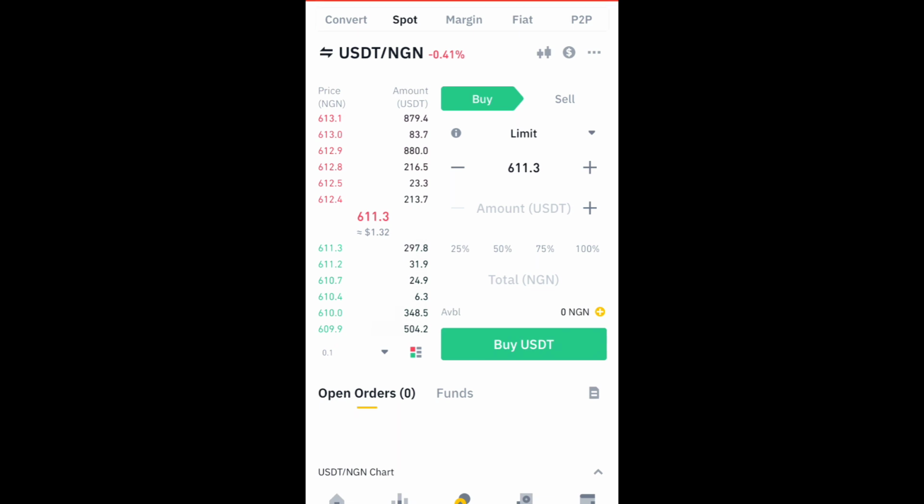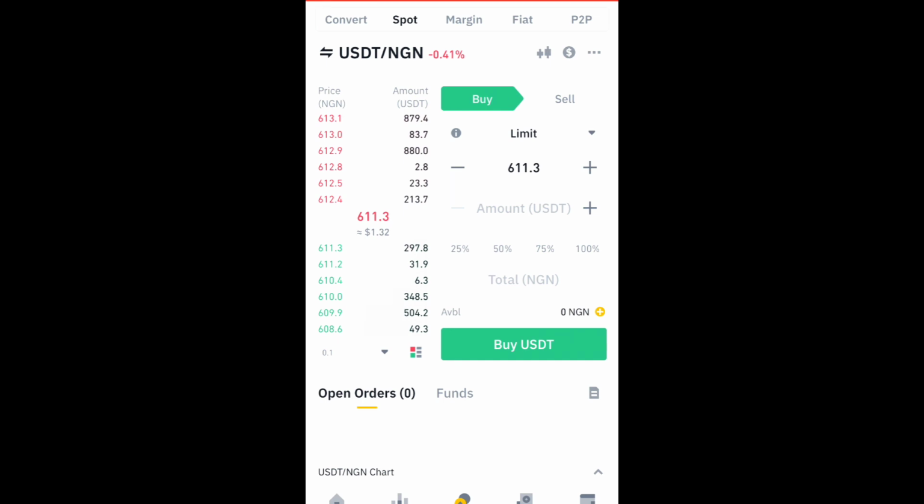Now how are you able to make money from this NGN USDT? What you'll be doing is buying and selling. The price difference between USDT and NGN changes, it varies with just a few points. Let's say at this 611.3 now, and people are currently buying at 611.3, then others are selling at 613.